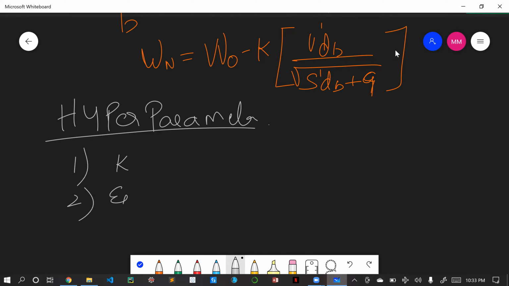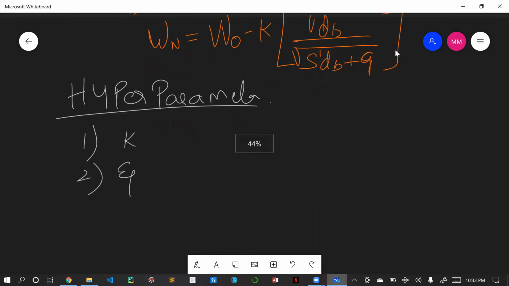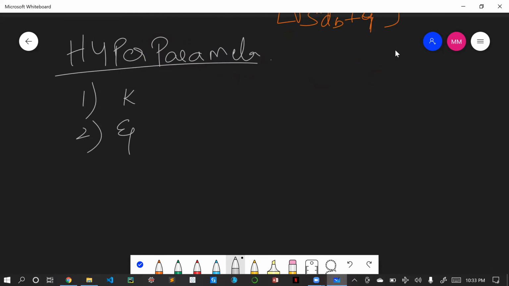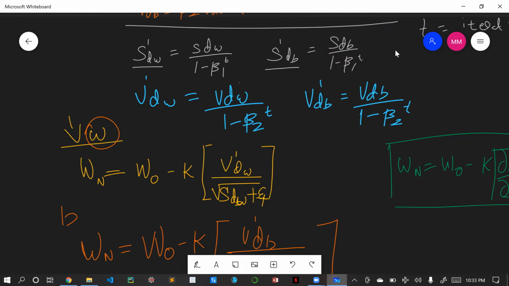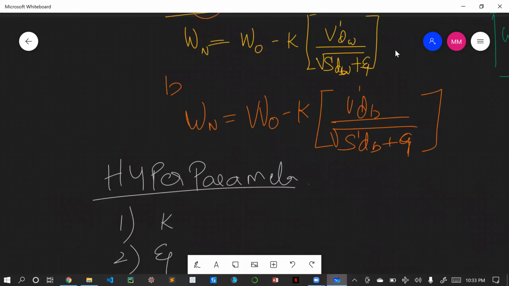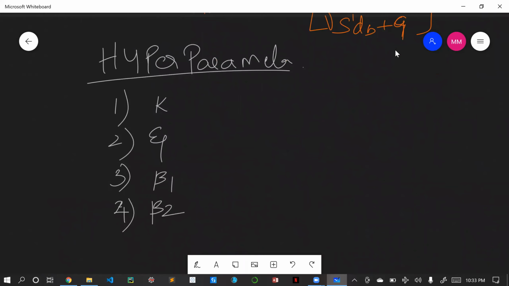Second thing, epsilon. Again, it is a hyperparameter. And we can take one more value, which is beta. We are using two betas, right? Beta 1 and beta 2. I think that's it.